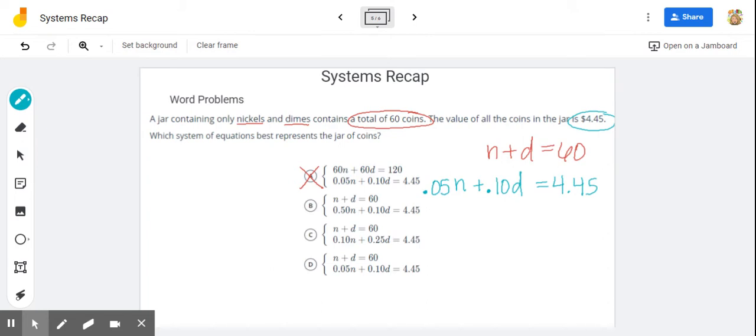As you look at that setup, please note that B is very close, except it has 0.50. That means that's 50 cents per nickel, and that is not truthful. So B is out. And as you look forward, C is also out, which means D is probably our answer choice.